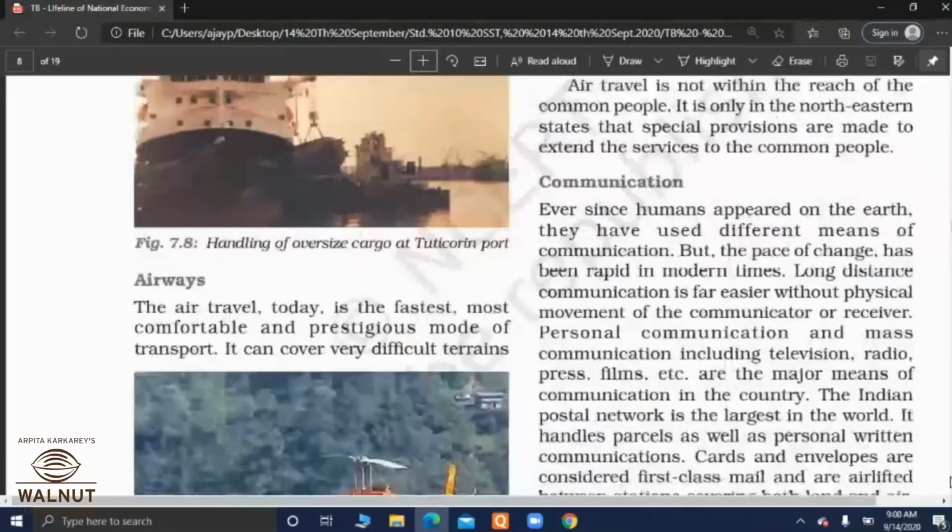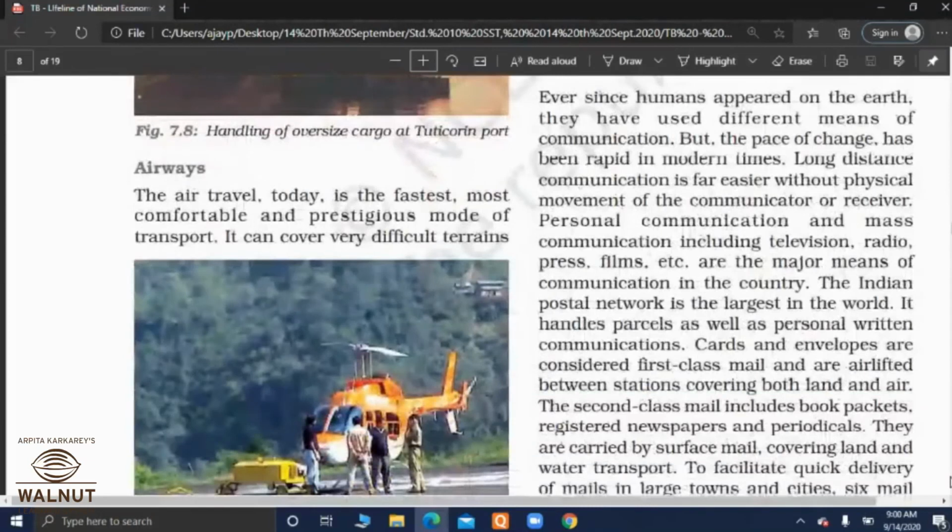Now we will see the airways. Air travel today is the fastest, comfortable and prestigious mode of transport. This can be asked for the fill in the blanks. Please, if you have the textbook, make a note of the sentence or mark it for fill in the blank.